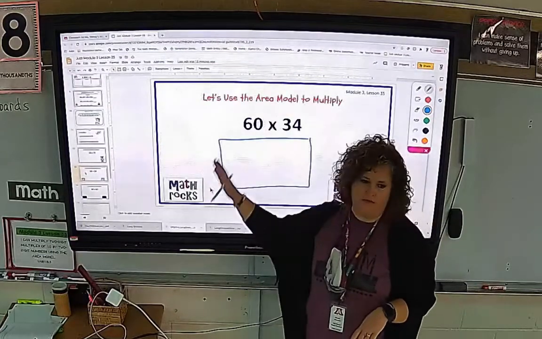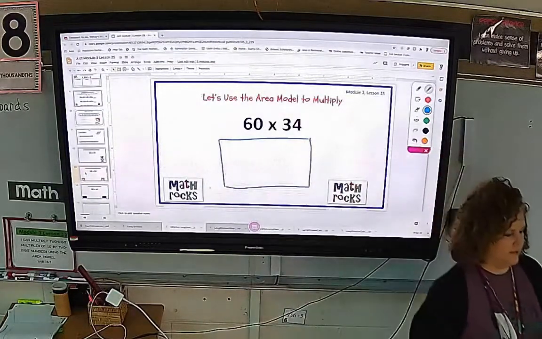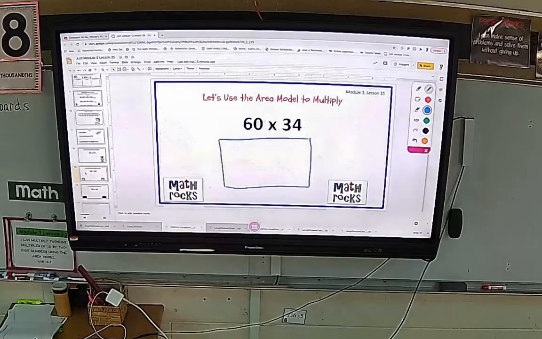You need room to write on the sides of that rectangle. You also need room to write inside of the rectangle, so don't make it tiny. It's like 3 bears. It doesn't need to be too small. It doesn't need to be too large. It needs to be just right somewhere in the middle.